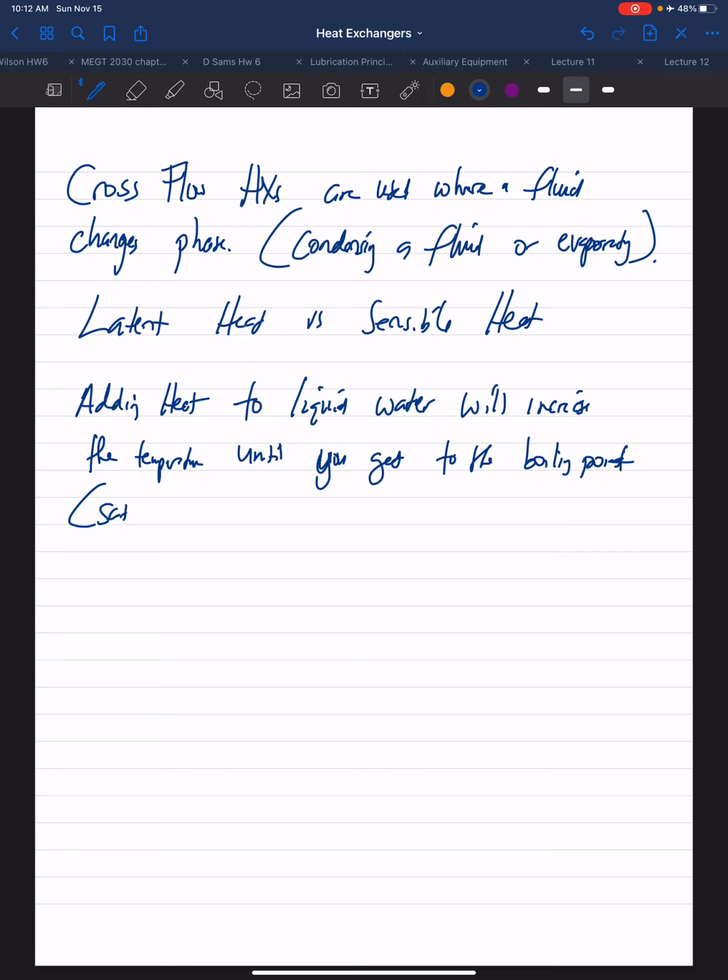Or saturation point. Here you start to have a mix of vapor and liquid water.